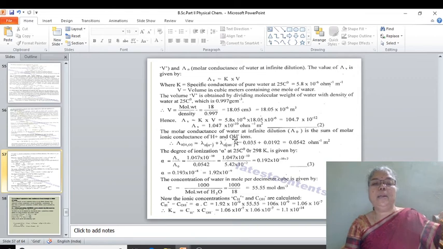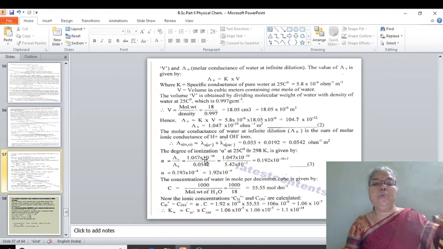The molar conductance of water at infinite dilution is the sum of the molar ionic conductance of H plus and OH minus ions, and by adding these values we have the molar conductance of water. Then the degree of ionization alpha at 25 degrees centigrade is given by the ratio of lambda phi divided by lambda 0.